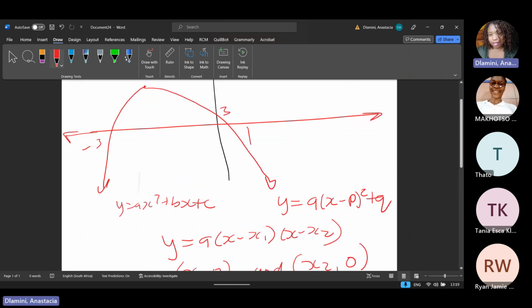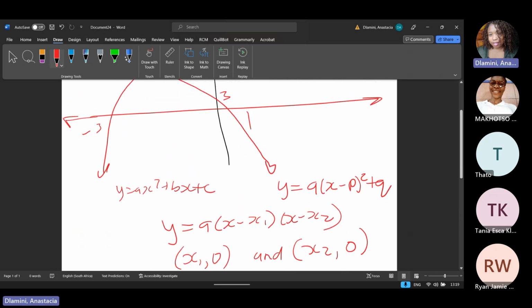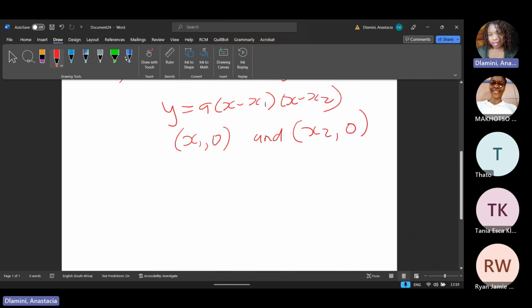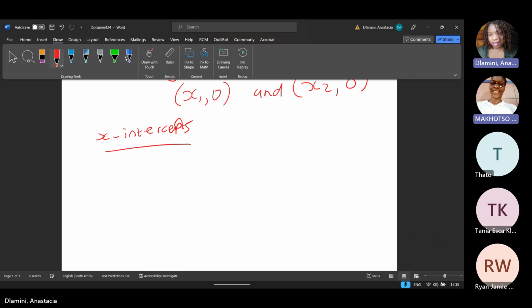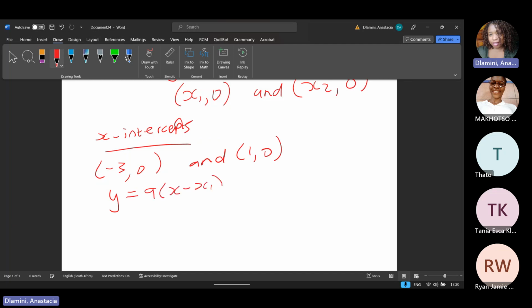Before that, we know that our x coordinates here are -3 and 1. So let's write them here. Our x-intercepts: we have (-3, 0) and (1, 0). So then y equals a(x minus x1)(x minus x2).